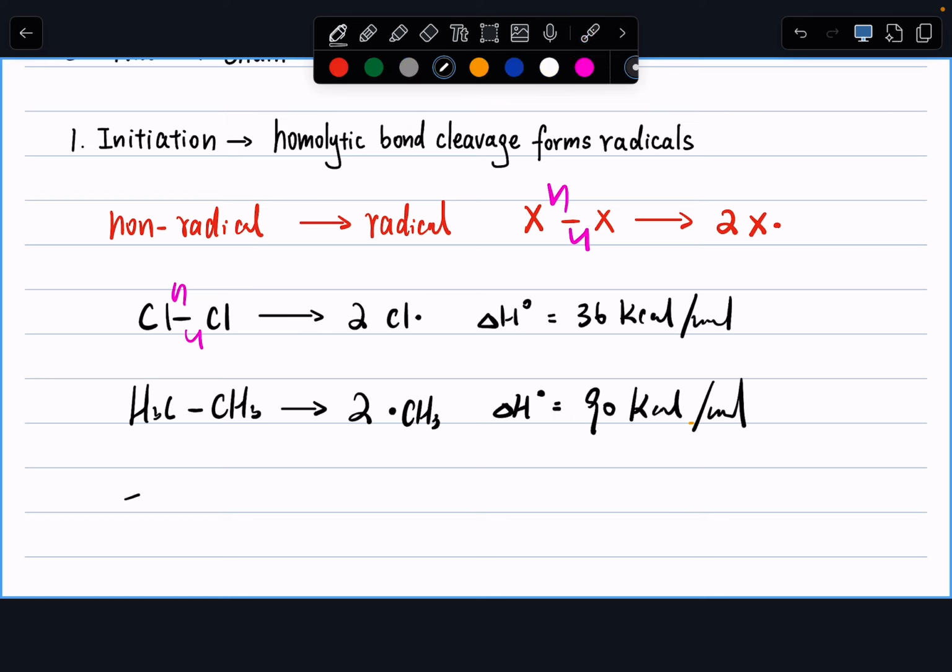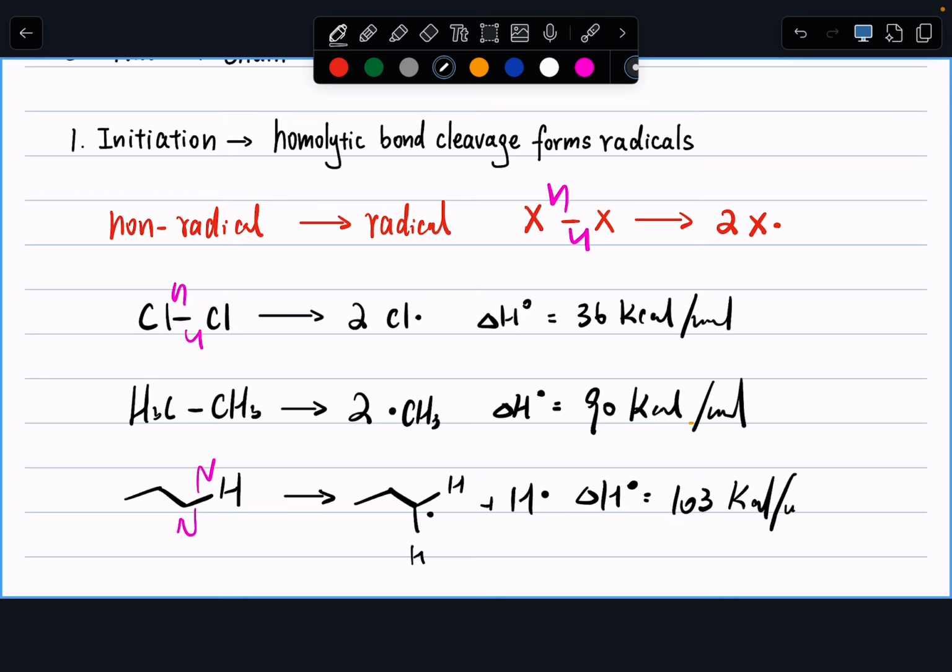So if we have, say, your propane, and you're breaking this one into, like, here and here, and you're forming a terminal dot and H dot, so this delta H naught, let me check what is that. For this terminal, that one is 103. Wait, 98, sorry.